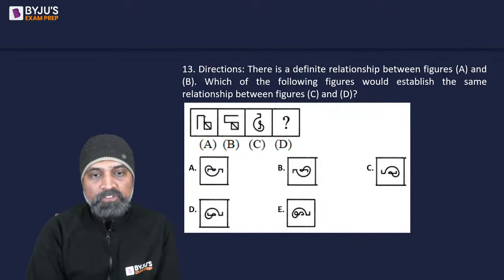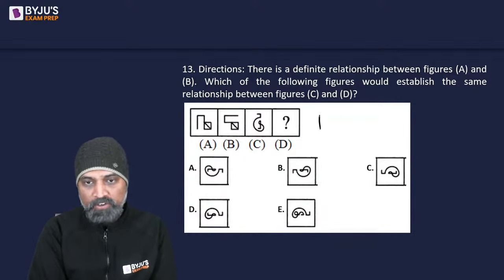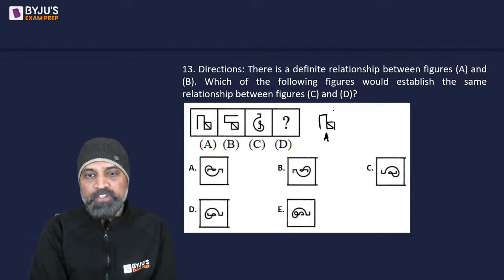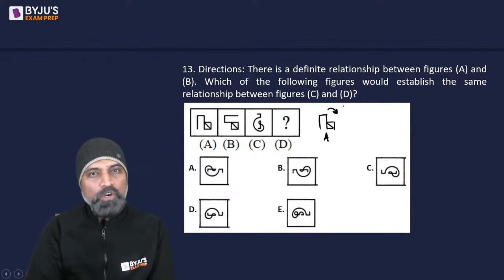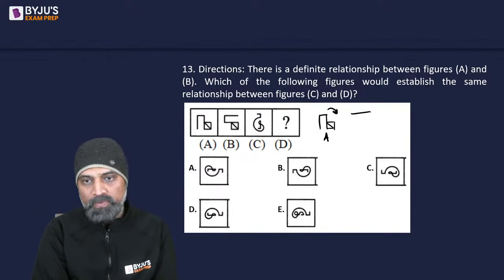Okay, so what I can think of is, this is the figure which is A. The intermediate figure is turning it clockwise. So when I turn it clockwise, this is the figure I'm going to have.